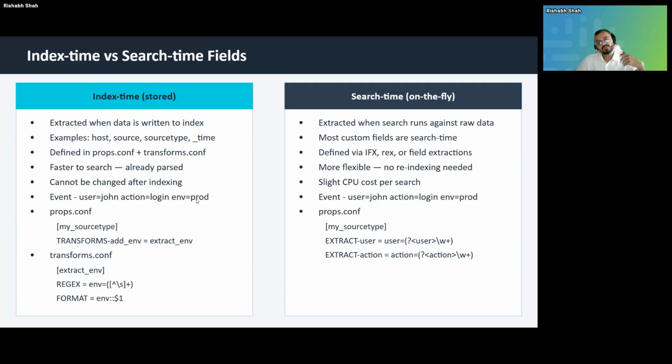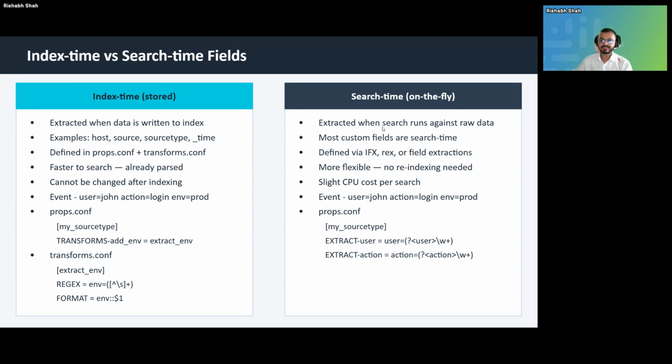Now, if I want to extract username as an extraction, I have to write a transform with some name like extract env, and then call that particular transform and specify the regex for the environment value, and then extract the username. So this will basically be deployed in props.conf and transforms.conf. Yeah, so that was more about index time.